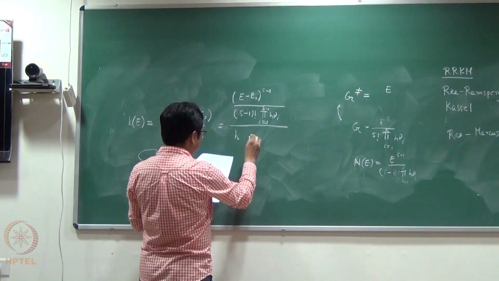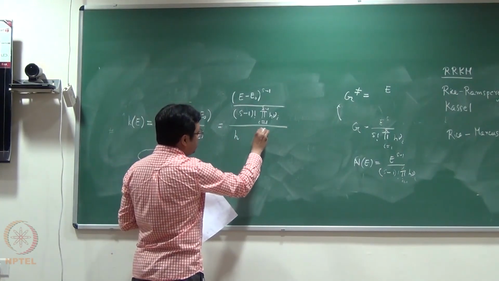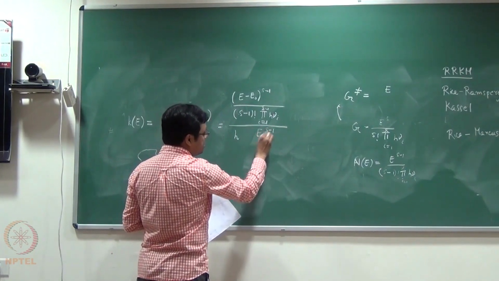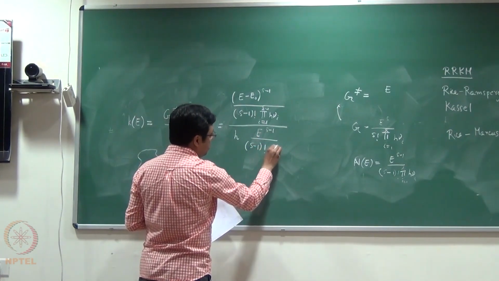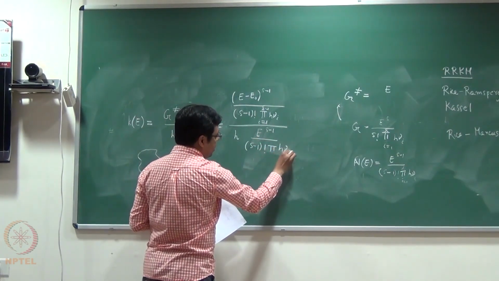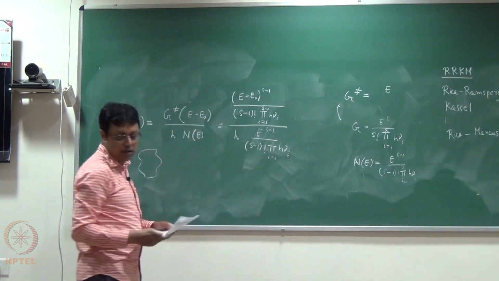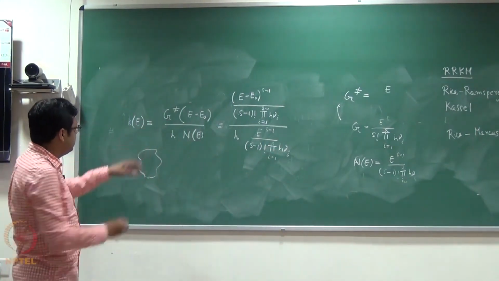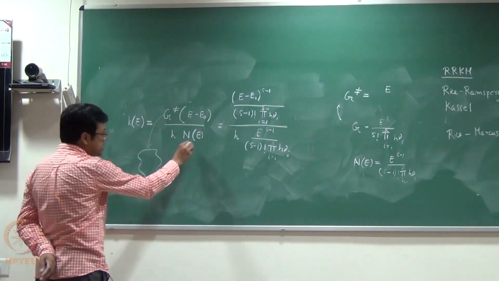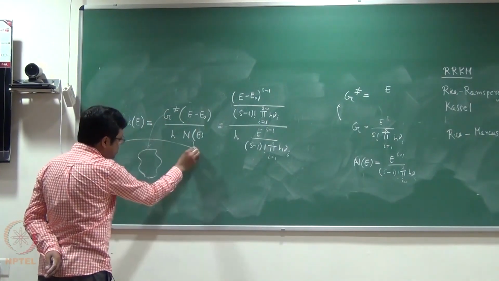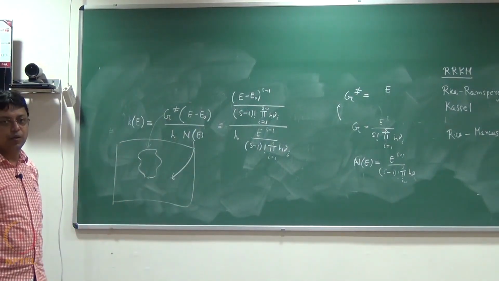And then the density of state expression I already showed: it is E to the power S minus 1 divided by S minus 1 factorial times h nu, i equal to 1 to S. Now, again, think about it. This corresponds to this ratio, and this number of states corresponds to the entire region.